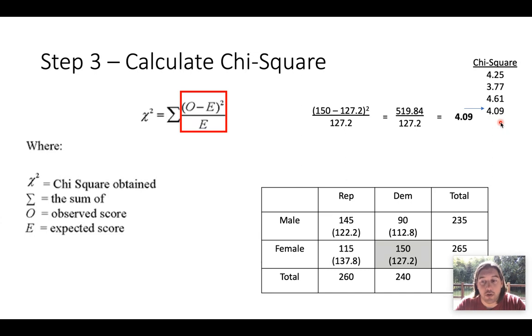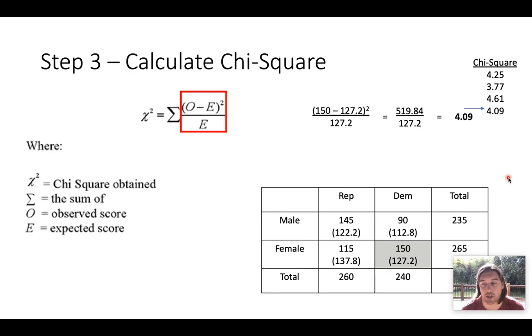So the greater the chi-square, the more deviation from what I was expecting. And the greater the chi-square, the more likely I am to reject the null. So basically, in a test of independence, a large chi-square means that the variables impact each other. They are related. They are not independent.